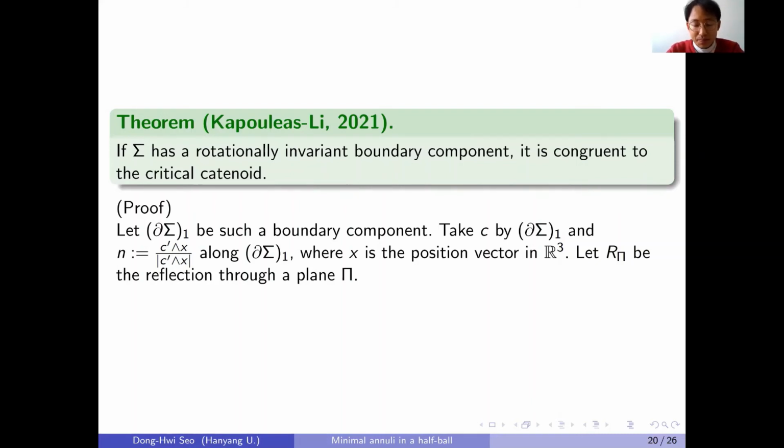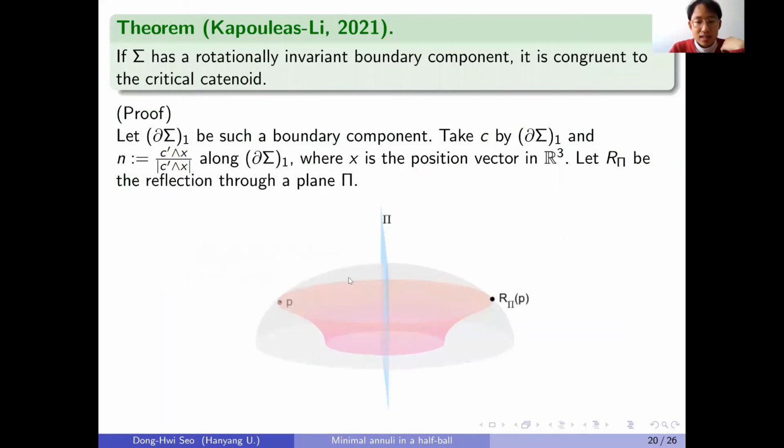And then, since our boundary component is rotationally symmetric, it has reflection symmetry with respect to a plane passing through the rotation axis. Let's denote the reflection plane by pi. Then we have a boundary point P and its reflection point. The tangent vector along the boundary at P maps to a tangent vector along the boundary at the reflection point.